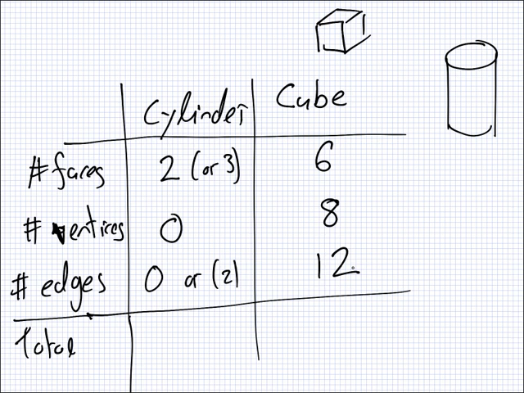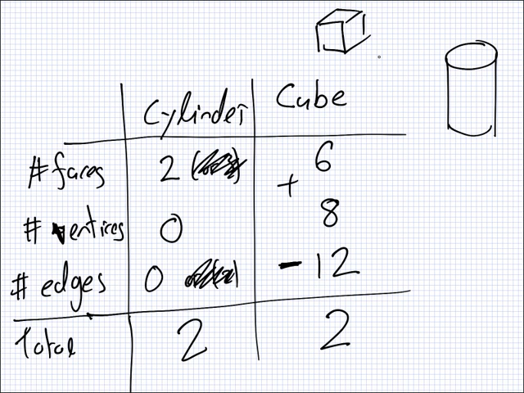Vertex plus face minus edge. 6 plus 8, what's that? 14. 14 minus 12? 2. Okay. 2 plus 0? 2. Minus 0? 2. So let me just delete those for the moment.